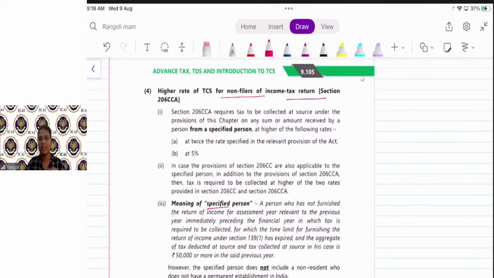This is applicable if the buyer has not filed his return of income for the last assessment year and the due date has already expired.